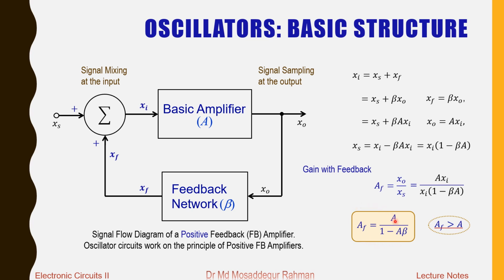Only difference here, for that negative feedback amplifier we had a plus here, and now in this case we have a minus. So you see that if A beta is less than 1, then this whole term in the denominator will be less than 1, and gain AF in that case will be greater than the gain of the basic amplifier. So that makes a big difference between this positive feedback amplifier and the negative feedback amplifier.